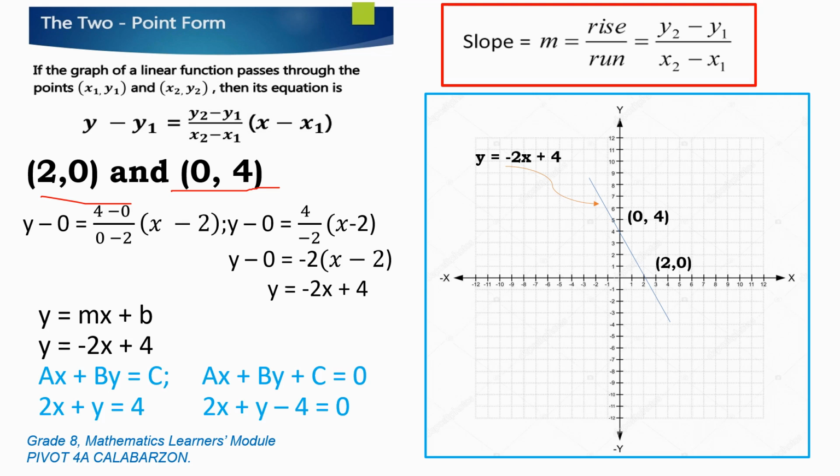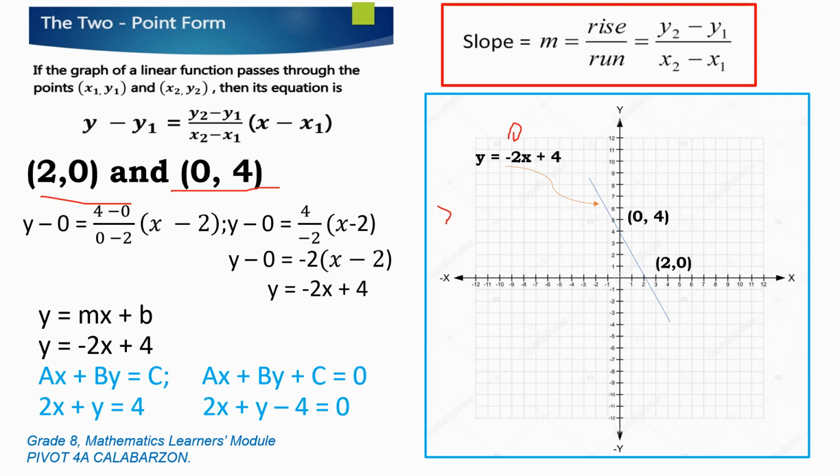Reduced na po. But anyway, if you can see the intercept, automatic po makita mo agad yung intercept. Setting x for this 0, so you can see the intercept 4. That's right. Okay, and then getting the value of x, we have minus 2x plus 4.